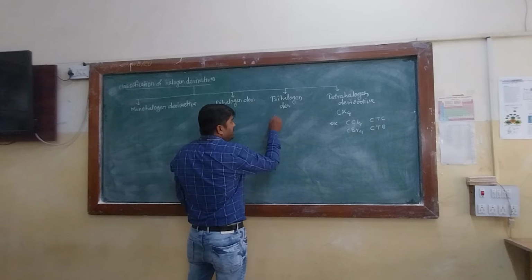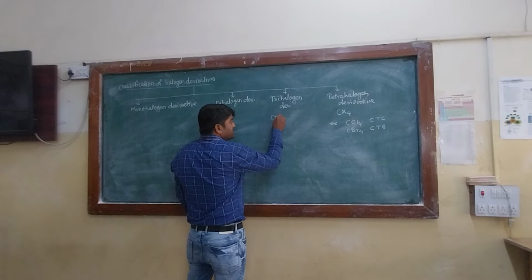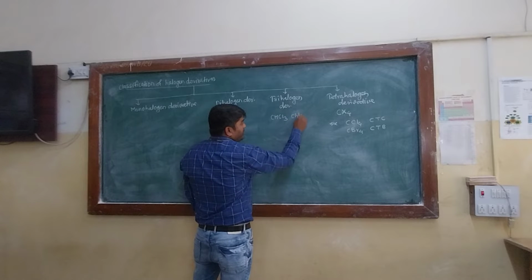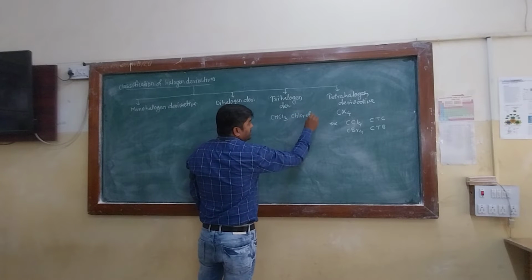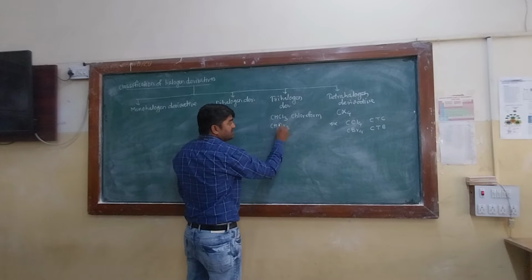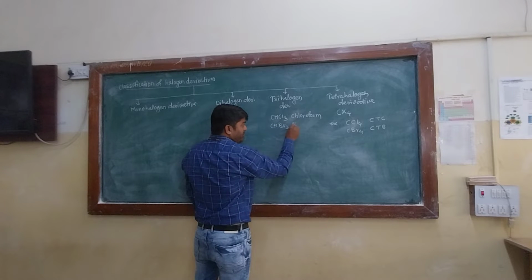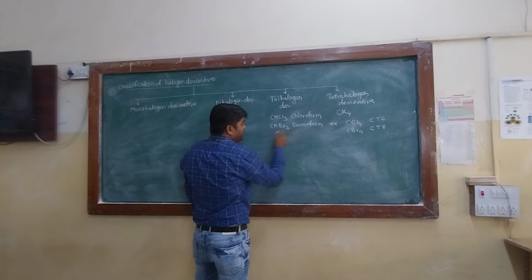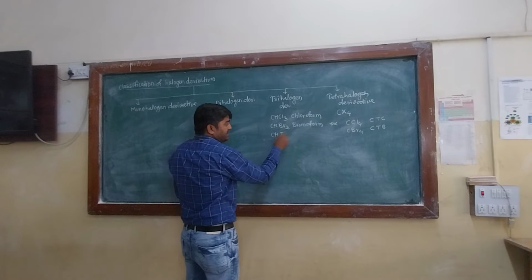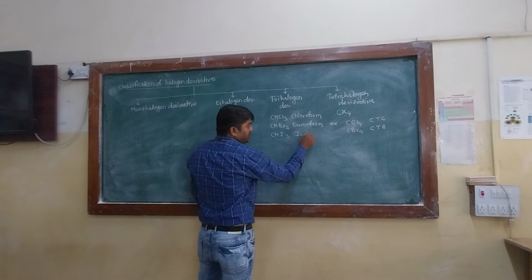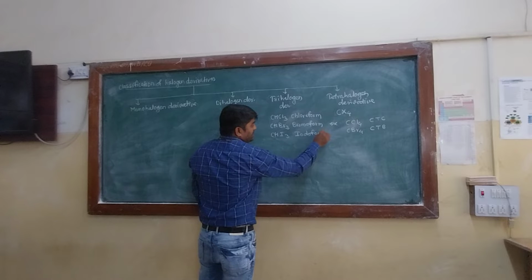Then trihalogen derivatives, for example CHCl3, called chloroform. The second example is CHBr3, called bromoform, and the third compound is CHI3, called iodoform.